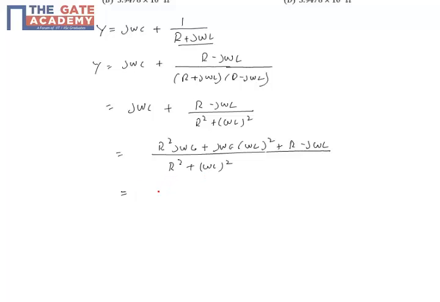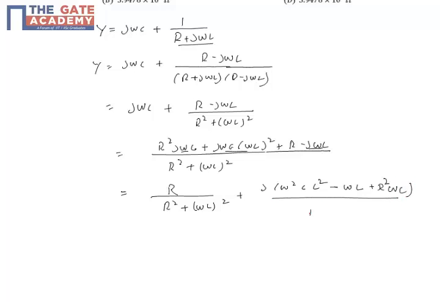So this is R by R square plus omega L whole square plus j into omega square C L square, okay, it is from here, omega square C L square, and then minus omega L, this, and then one more is left, this one, plus R square into omega C, divided by the denominator, which is the same, R square plus omega L whole square.